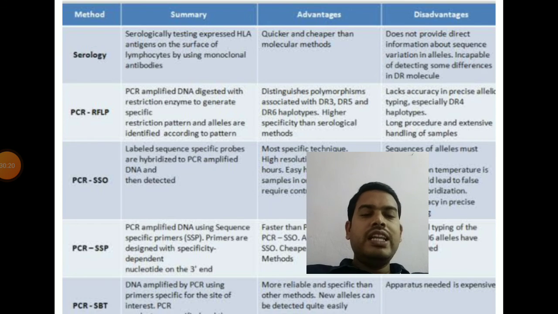So the HLA alleles are amplified and then treated with restriction enzymes, and that's why the technique is called restriction fragment length polymorphism. The polymorphisms are then compared between the recipient and donor.